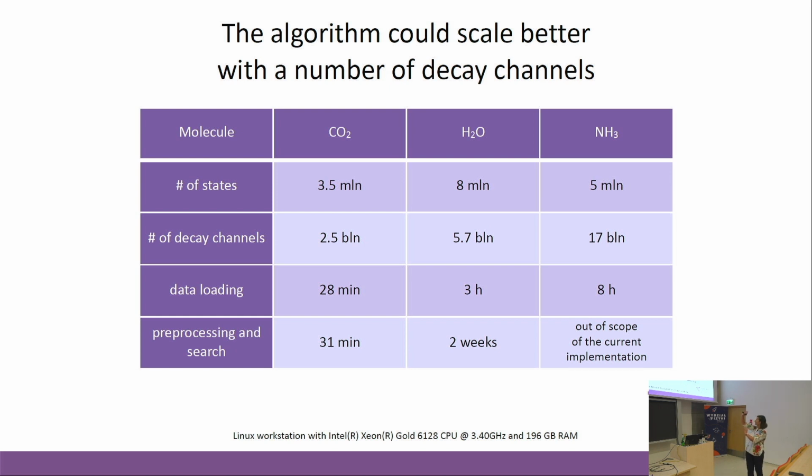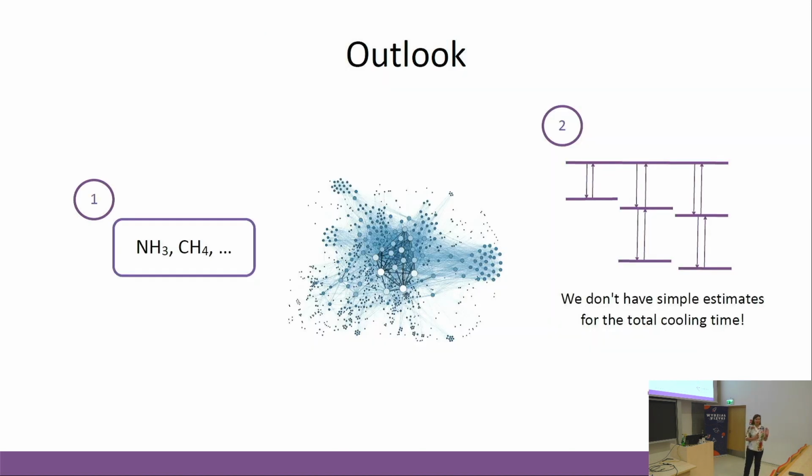So this is terrible. And then NH3, which has 17 billion decay channels instead of 6 billion, is basically out of scope for the current implementation. So that's the first outlook that we have. I see the way to make it more efficient and better, but it's still ongoing work.